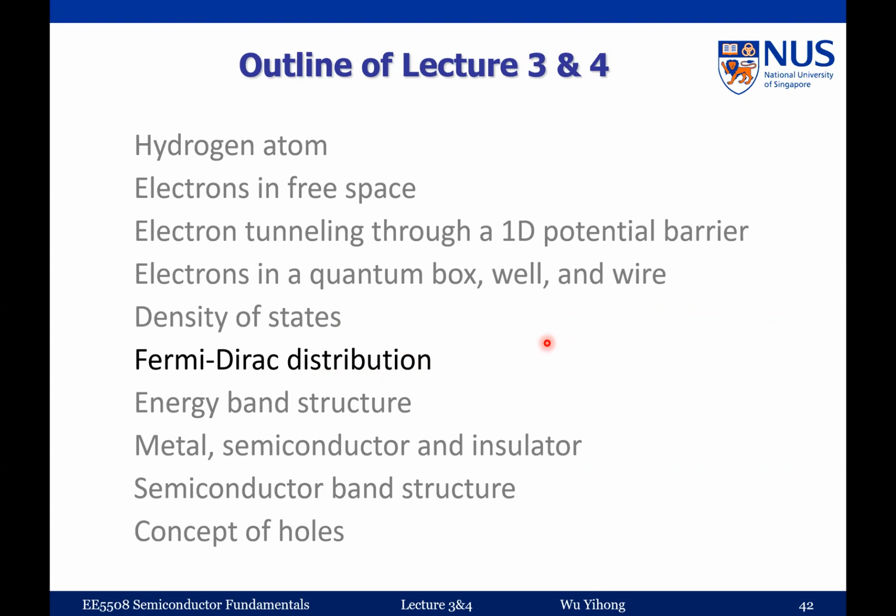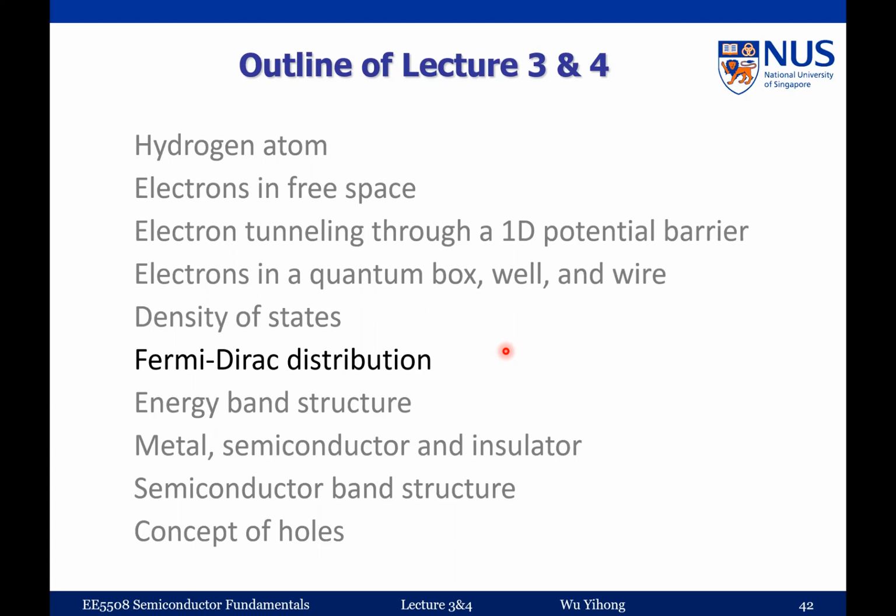Any states below the Fermi level will be filled up by electrons, but any states above the Fermi level will be empty. But at finite temperature, this is not the case. So electrons are always jumping back and forth near the Fermi level. And so, of course, eventually you reach an equilibrium state, but it's some sort of dynamic equilibrium state.